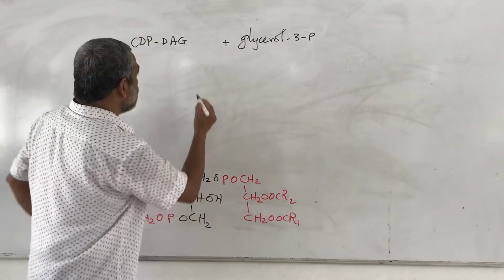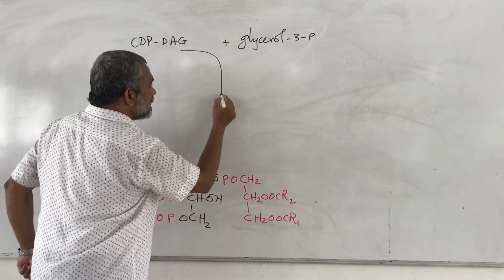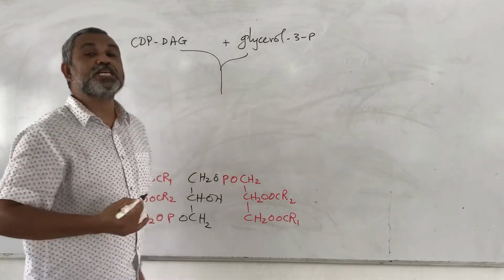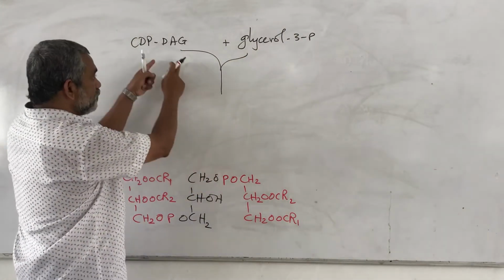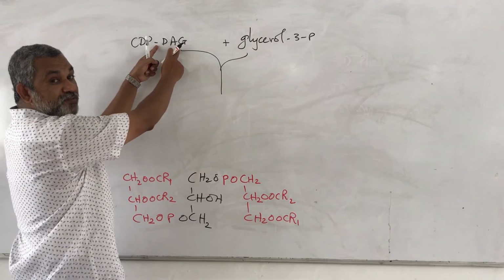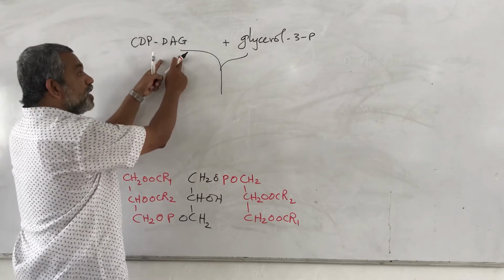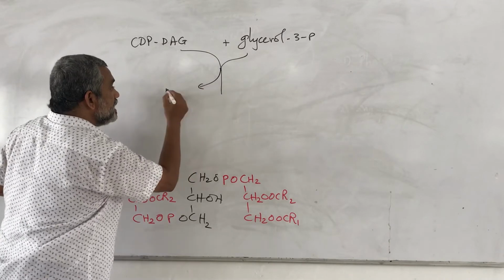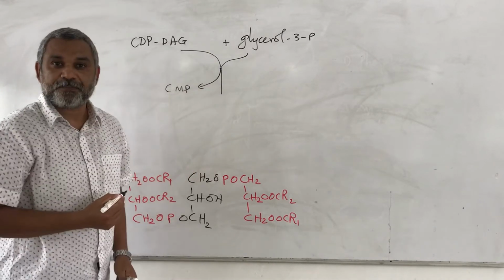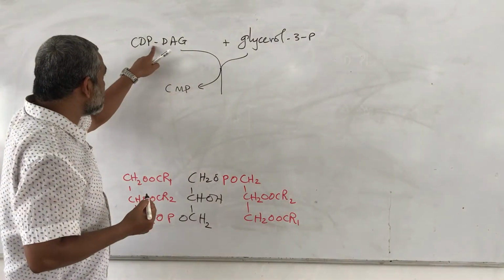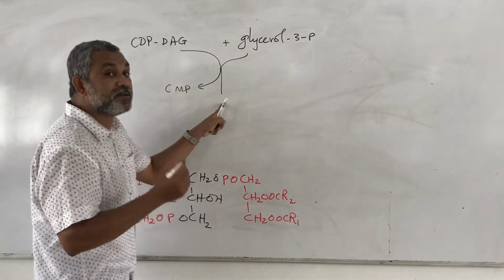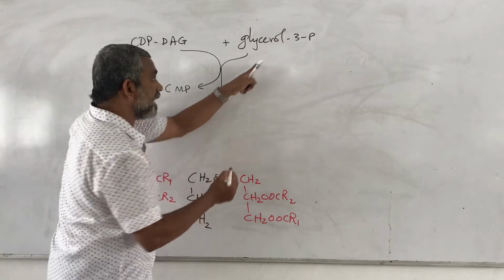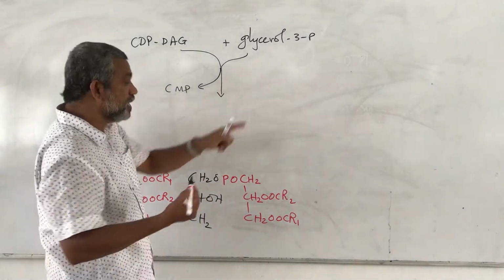In step number 1, CDP diacylglycerol joins with the glycerol 3-phosphate, and to glycerol 3-phosphate, one of the phosphatidic acid is added. And the CMP molecule is removed. Once you remove CMP, the diacylglycerol gets phosphorylated, that becomes phosphatidic acid, and that is added to glycerol 3-phosphate.